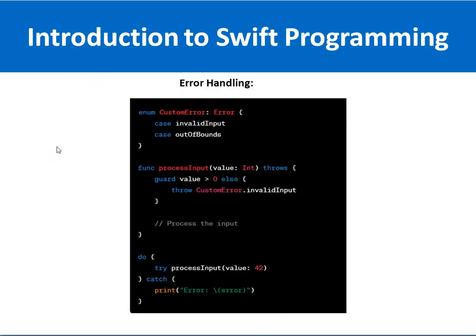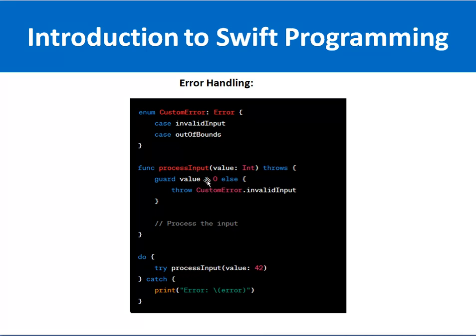Then error handling. For example, I am creating an enumeration, CustomError, with case invalidInput and case outOfRange. Enumeration means constant values. Then function processInput, value Int, throws: guard value is greater than 0, else throw CustomError.invalidInput. So I do try, which means that I am executing processInput.